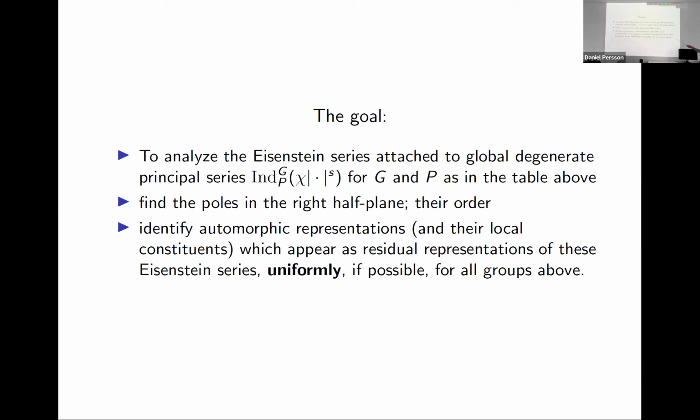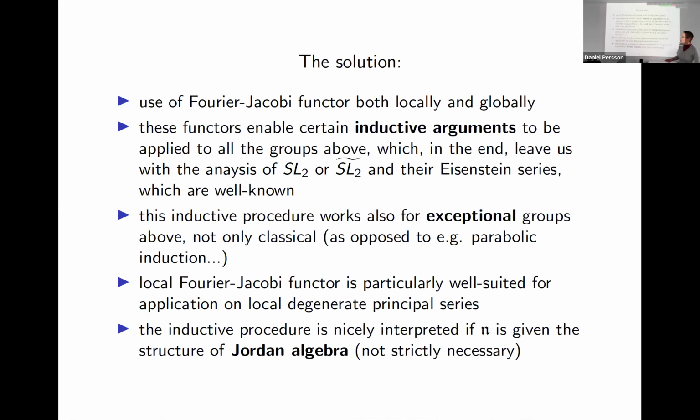So we want to find the poles in the right-hand plane, their order, and really to identify the Moore representation, their constituents, uniformly for all these groups here. And we'll do that by using the Fourier-Jacobi functor, both locally and globally.